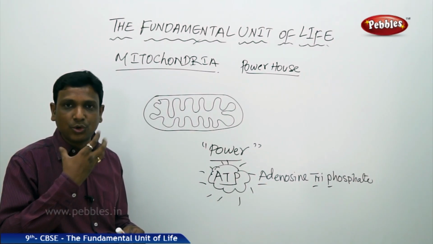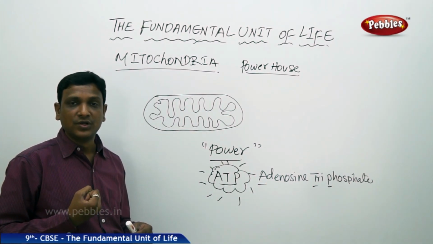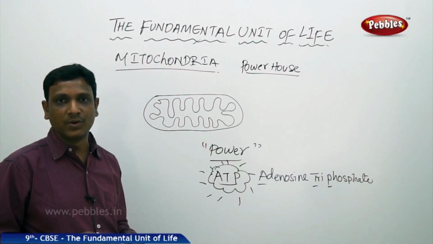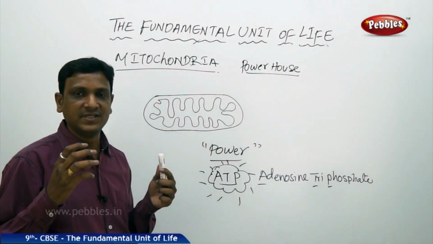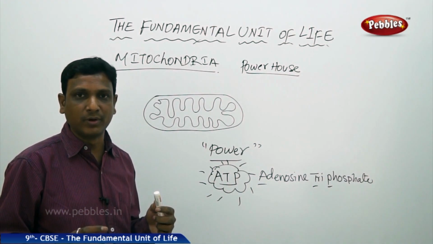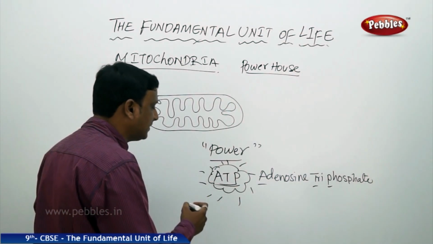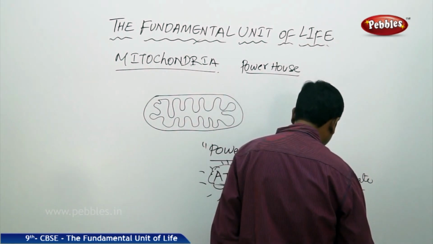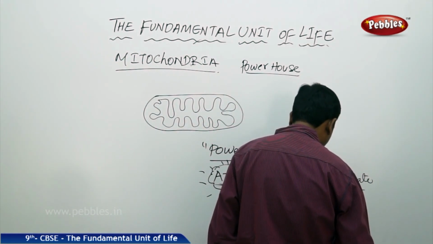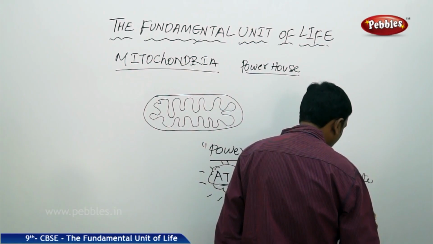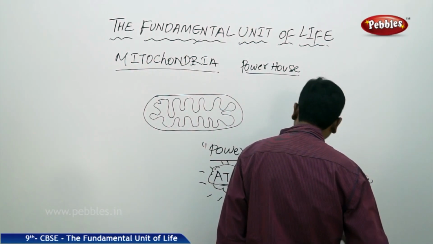The muscles of your throat must be controlling the airflow. For these muscles to function, ATP is required. So for any kind of physical work or chemical work in your body, energy is required in the form of ATP. So this ATP is considered the currency of your cell. The currency of your cell is nothing but this ATP.